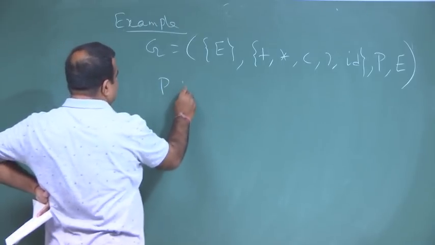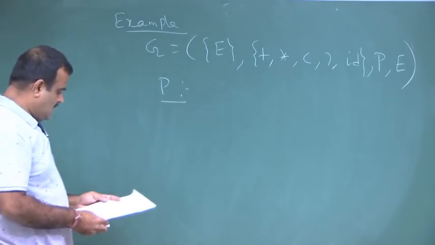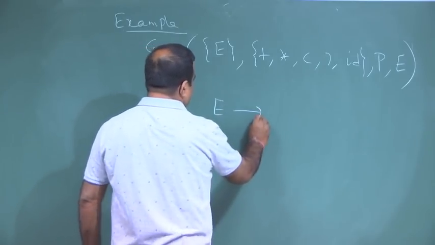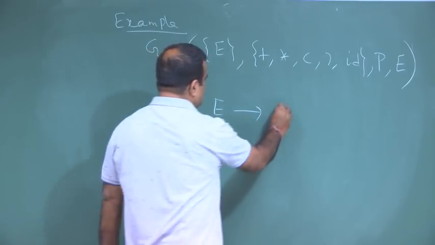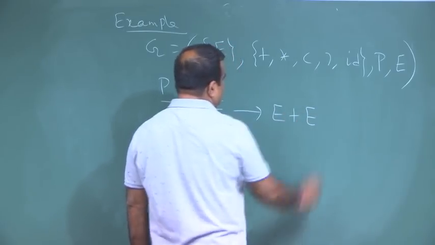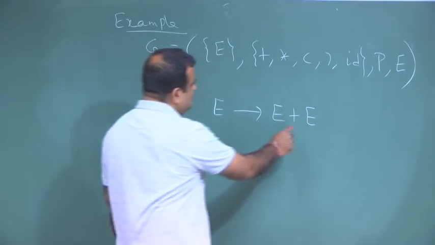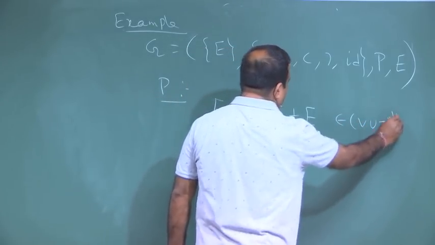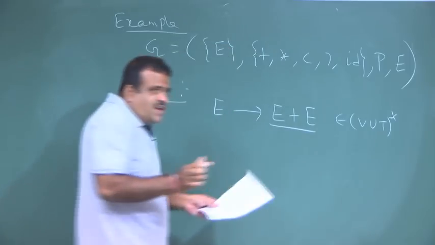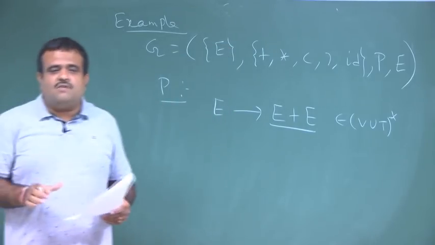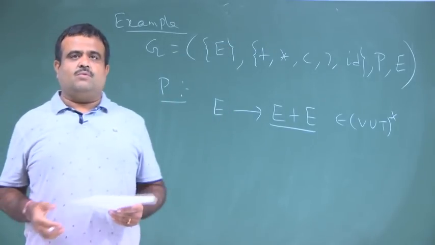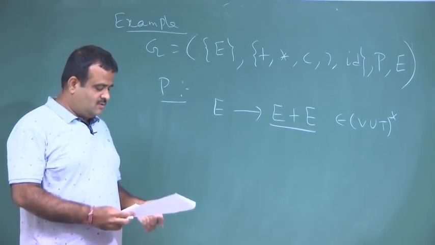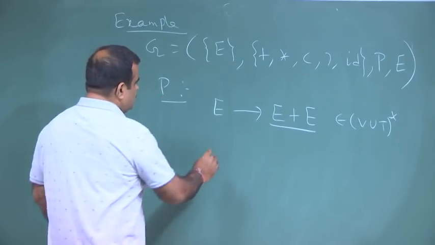So, E goes to E plus E. Remember all this belongs to (V union T) star. So, this is a string of variables and terminals both, but the left side must be a variable. So, this is one rule.